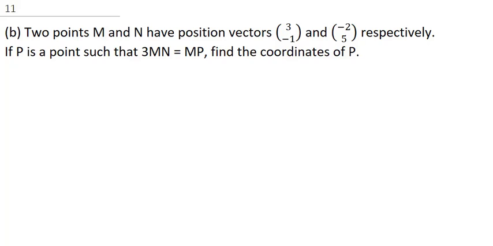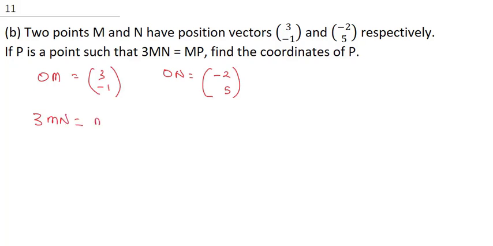One of the things you need to understand while solving a vector question is, first of all, you need to get a reference point. Now, this is our vector M, so I'm going to call it OM, where O is our reference point. OM is 3, minus 1, and our ON is going to be what? Minus 2 and 5. So, having these two vectors, now the question says 3MN is equal to MP.